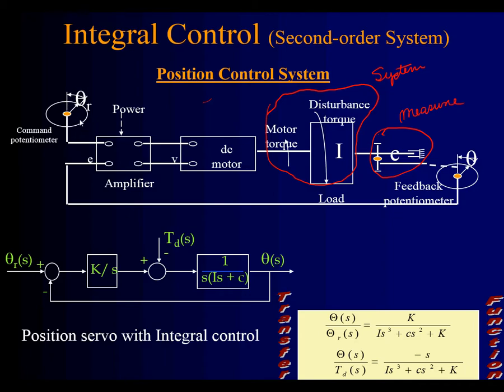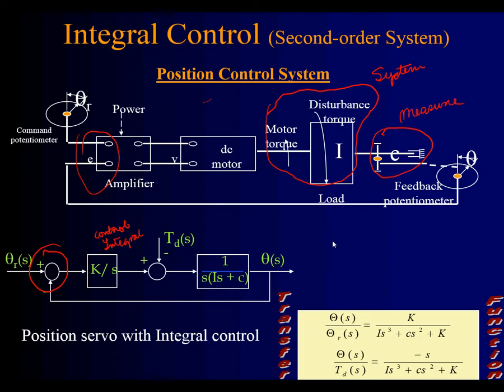You make your comparison right here. And then you have the amplifier, which is your control right here, in this case, integral control. And then, of course, the disturbance in here.